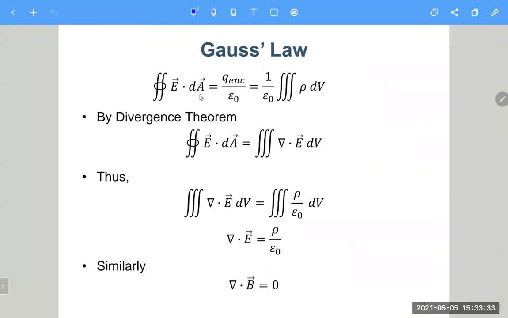So here, just now we have Gauss's law. Originally, we can write it as the closed surface integral of the E field equals Q enclosed over epsilon naught. And actually, this Q enclosed can be written as a triple integral of the charge density.